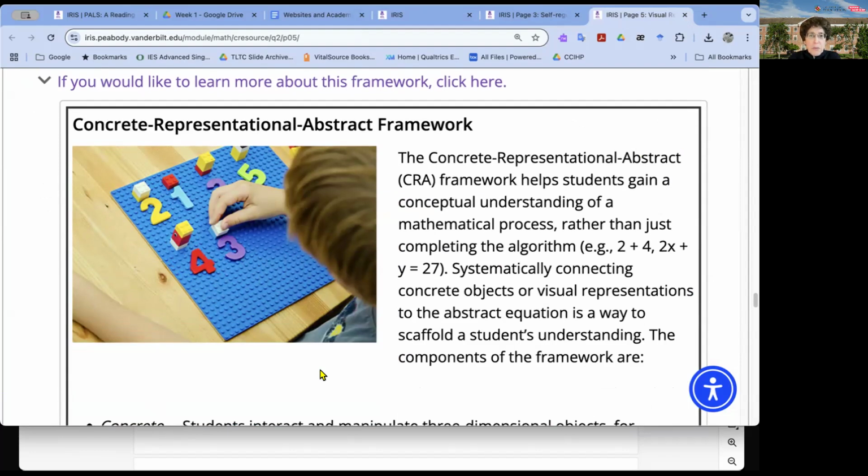So that's the first part of CRA, and then representational will be connecting a symbol to a concrete piece of information so that the numerals here are the symbols that are being represented to show how many blocks are in the manipulative that's right there.